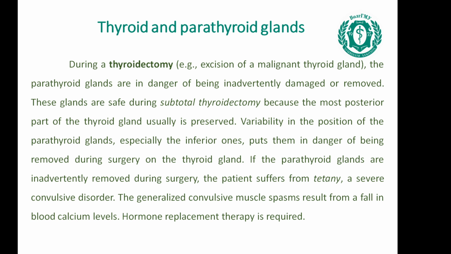These glands are safe during subtotal thyroidectomy because the most posterior part of the thyroid gland usually is preserved. Variability in the position of the parathyroid glands, especially the inferior ones, puts them in danger of being removed during surgery on the thyroid gland.